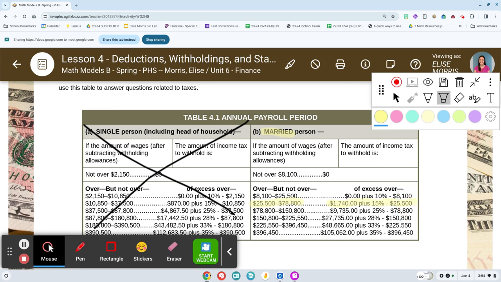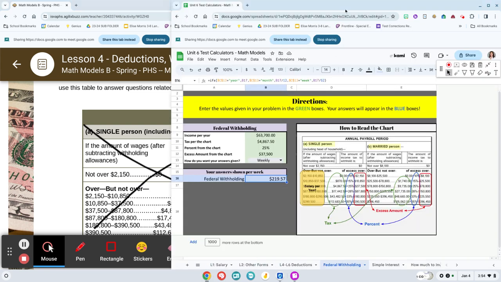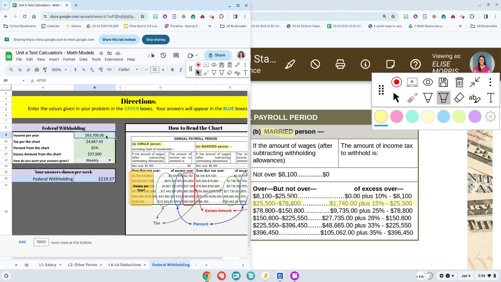You can calculate that, or you can use our cool calculators. All right, so I'm going to input her information. It's nice we don't have to calculate her annual amount because it was given to us. So her income annually is $50,000. The chart says she pays $1,740 in taxes.